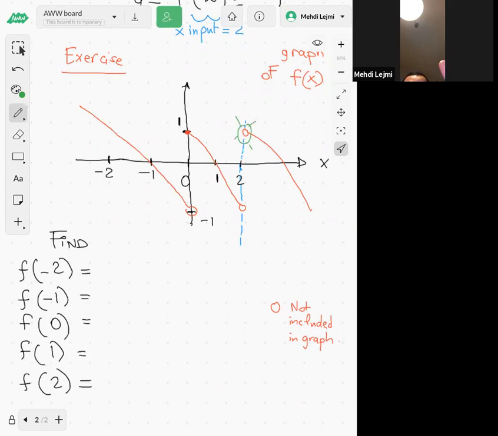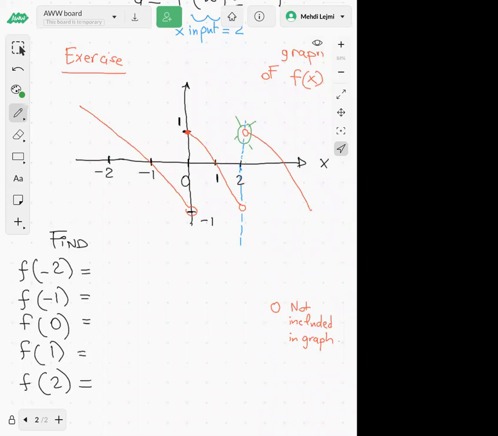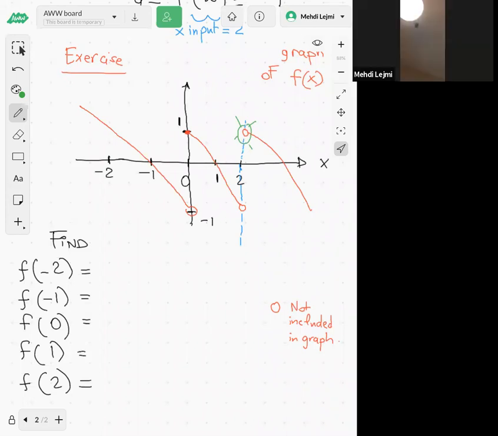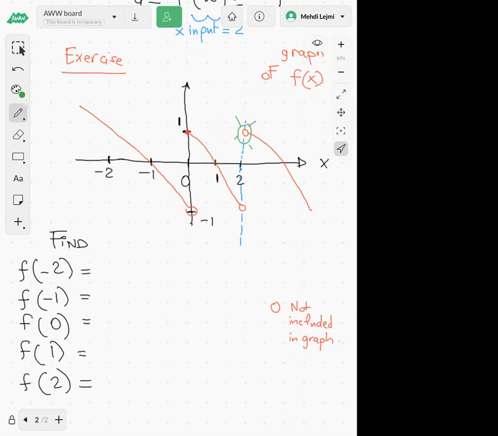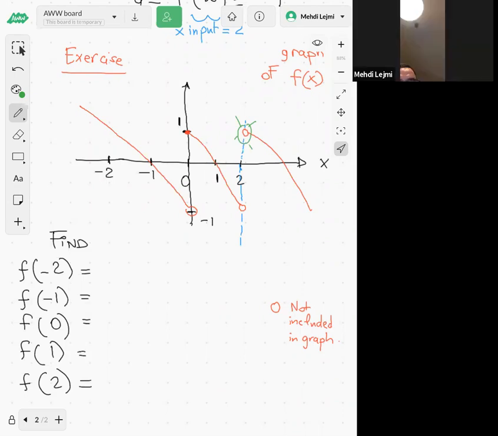There's no intersection with the graph, so we cannot say that's the output. To have an output, you have to intersect the graph, right? Oh, now I see it, because I was going more to the left. It's okay. All right, thank you. Yeah, your vertical line must intersect the graph. If there's no intersection with the graph, it doesn't count. It's not an output.